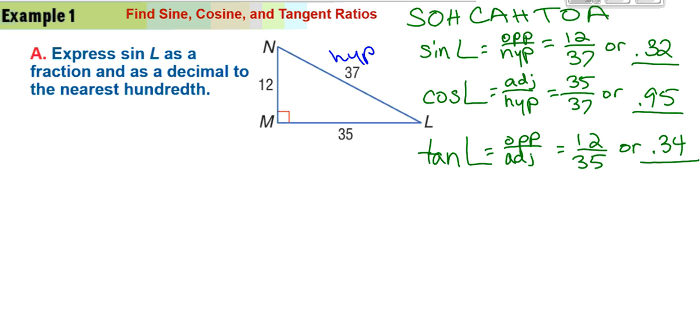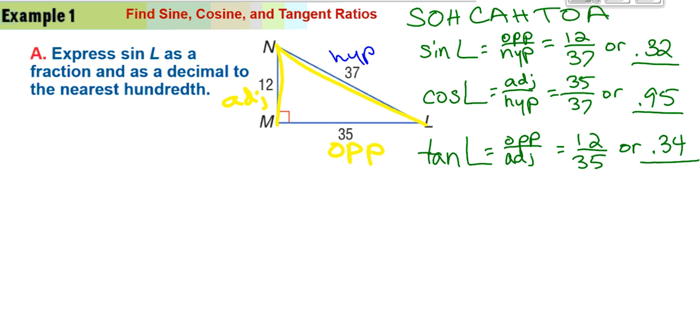And so again, this is probably not fitting on that space that I gave you on that picture. And so for these, now we're going to look at angle N. So from angle N, the hypotenuse stays the hypotenuse, so that I don't have to do anything with. If I trace now angle N, notice that my opposite side is now 35, and my adjacent side is 12 as we look at that.